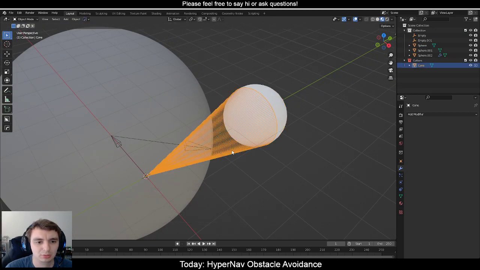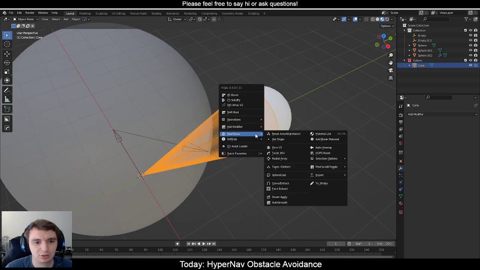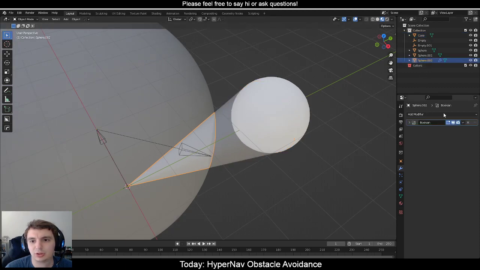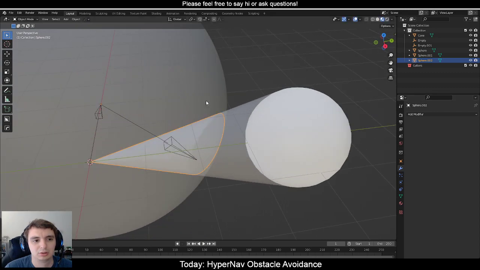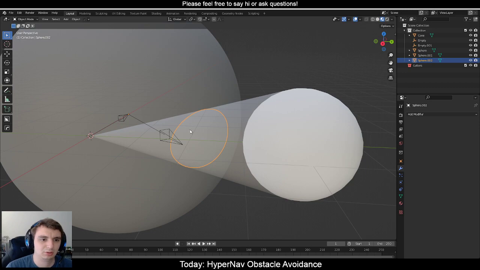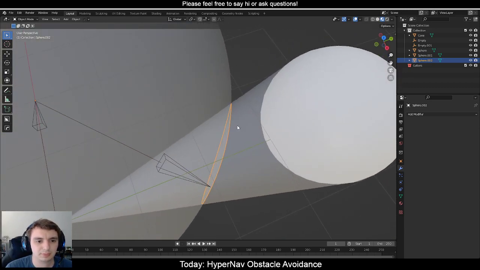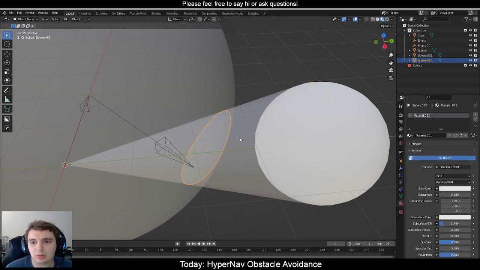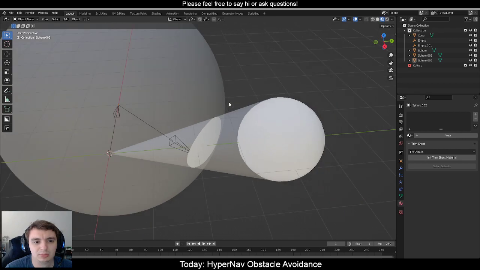Now the cone needs to be reset. And move back into collection. Then this guy needs to have the modifier applied. And I can delete all that. Okay. Then we want that to be solid.